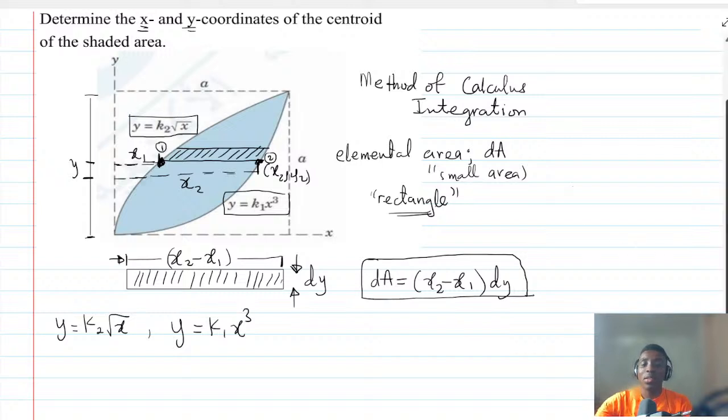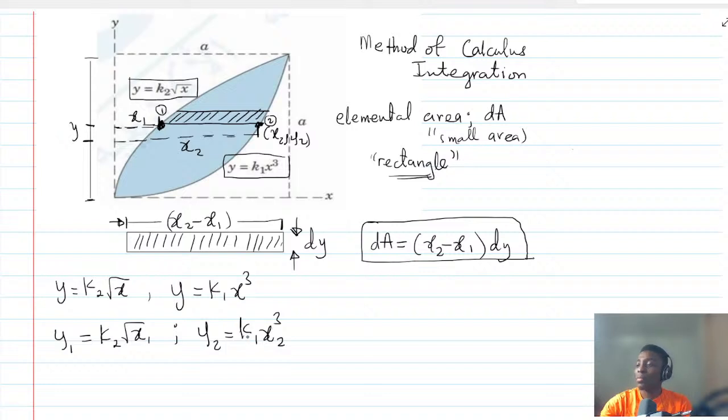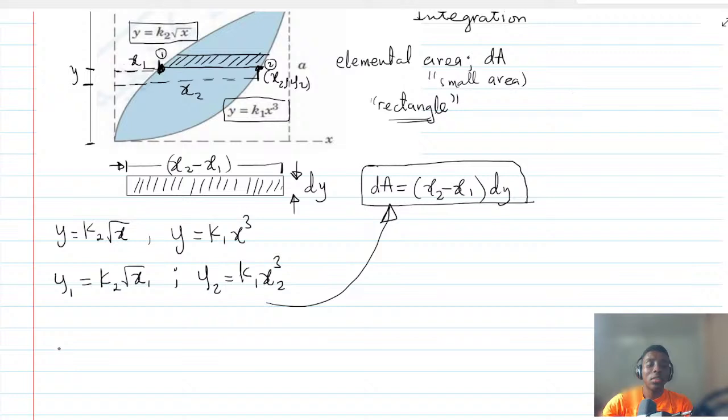So we can say that y1 is equal to k2 square root of x1, and then we can also say that y2 is equal to k1 x2 cubed.